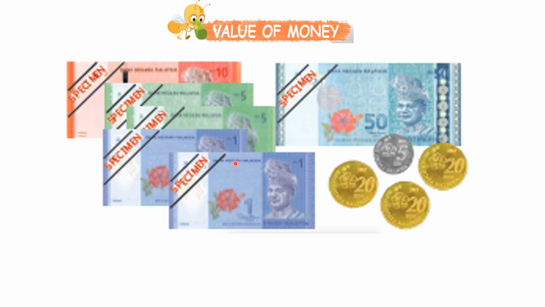So 72 ringgit, and then we count the value of the coins. 20, 20, 20 becomes 60, and then plus another 5 cent is 65 cent. So altogether is 72 ringgit and 65 cent.